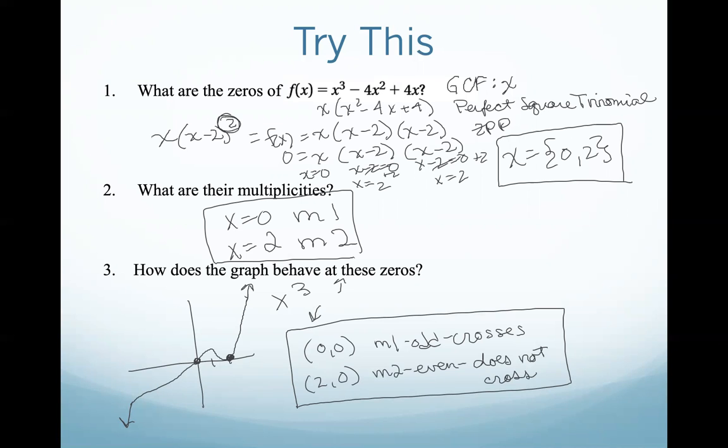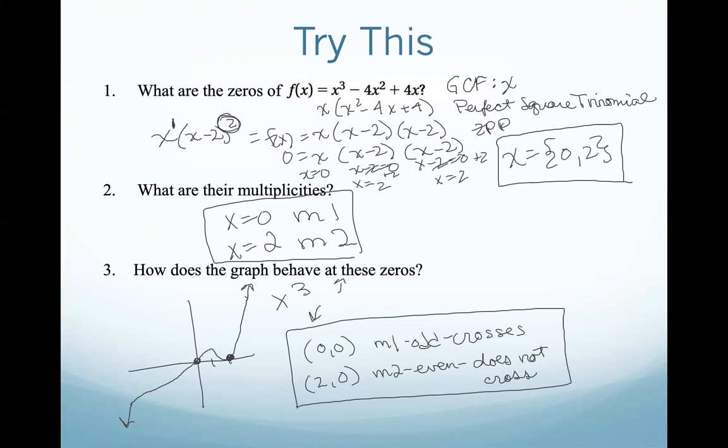So that's how I could write it if I was looking for the exponents to indicate multiplicity. X is to the first, x minus 2 is to the second. And that shows me that x equals 0 has a multiplicity of 1 and x equals 2 has a multiplicity of 2. So then I can say that x equals 0 gives me the point 0, 0.